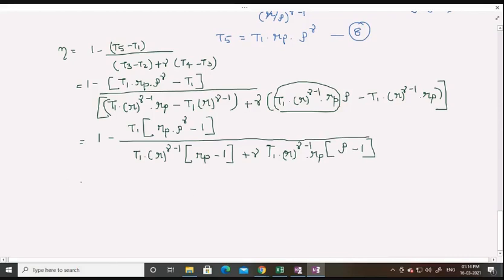Next step, again from these terms, T1 R power gamma minus 1 is common.